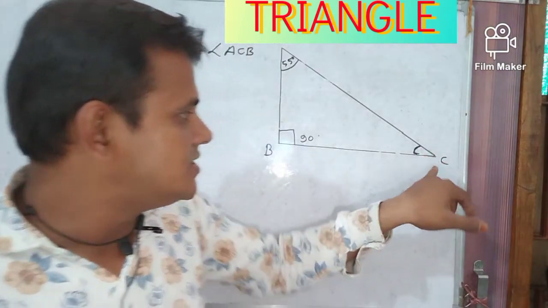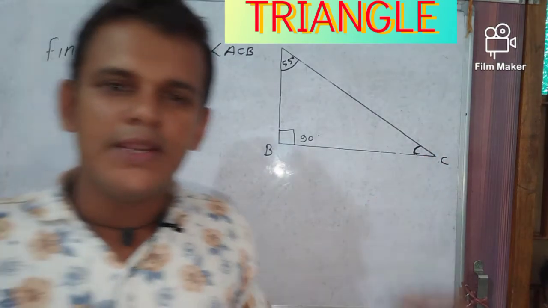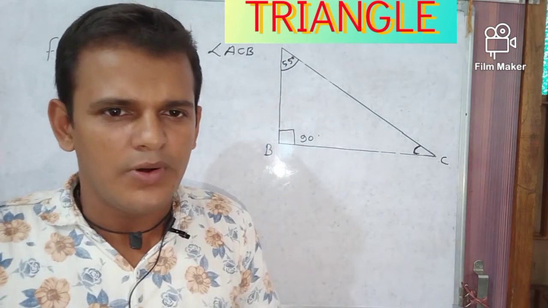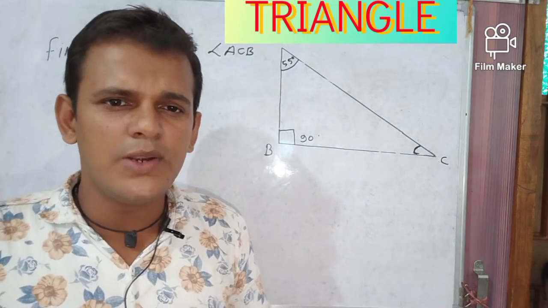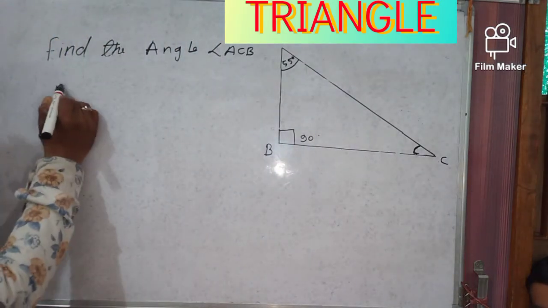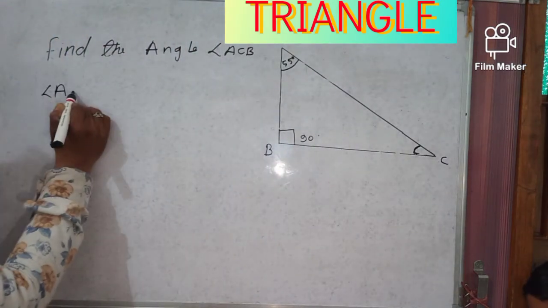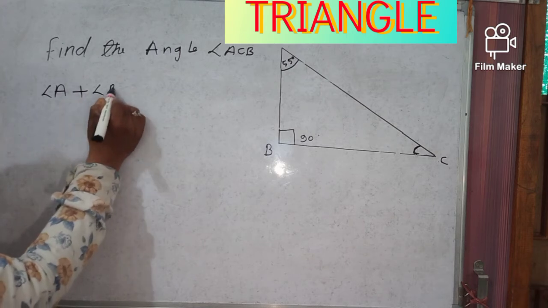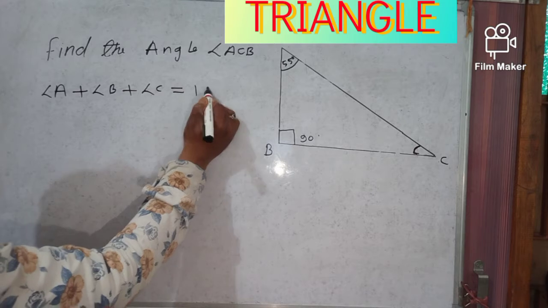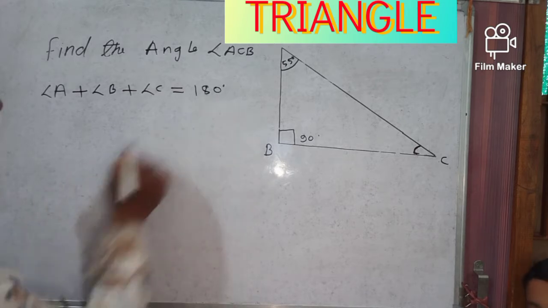This angle C is unknown, and we know that in a triangle the sum of the interior angles is equal to 180 degrees. So see here, angle A plus angle B plus angle C is equal to 180 degrees.